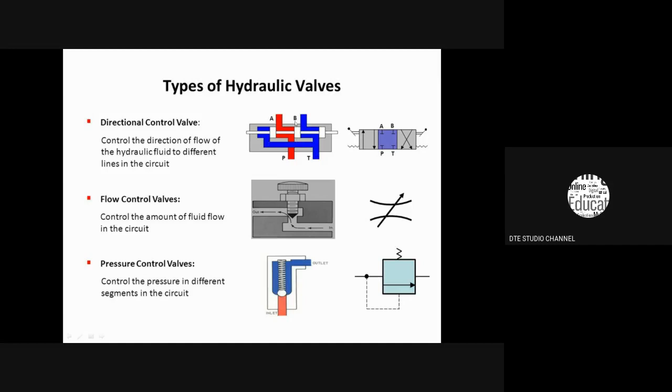This is the DC valve, which has 4 ports. Port P is the pump port, which is connected to the pump. Port T is the tank port, which is connected to the reservoir. And A and B are working ports, which are connected to the 2 ends of the actuator. In total, there are 4 ports.